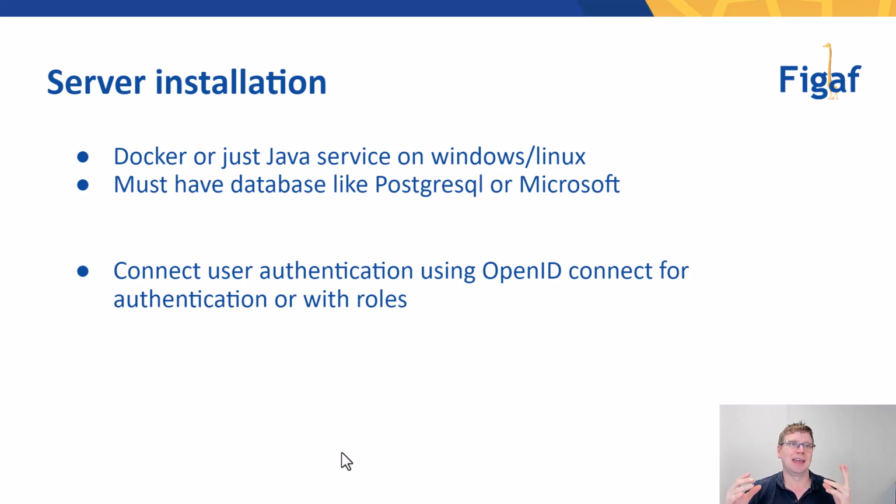And obviously, it really depends on what kind of scale you're at, on how many users you want to use the tool with. Otherwise, you can use our built-in user management system also. Do remember that if you deploy this, you need an SSL certificate for the server that is running, preferably Figaf at yourcompany.com or whatever you would be using.